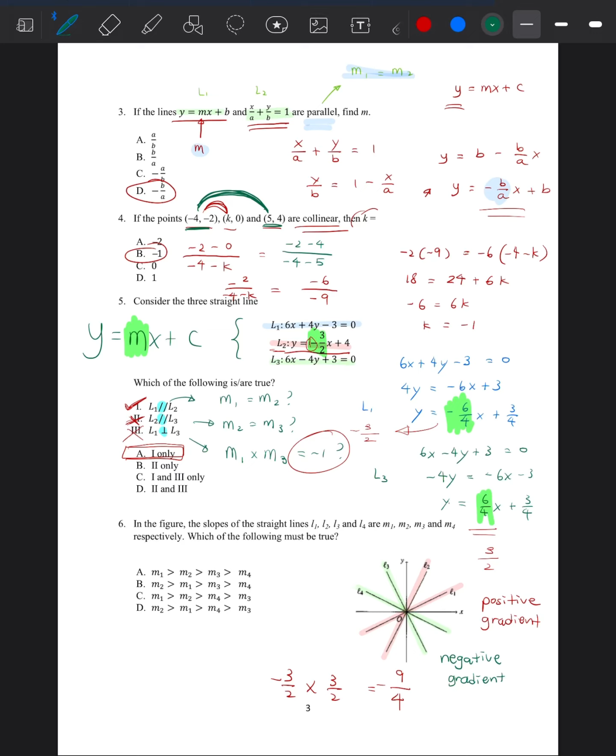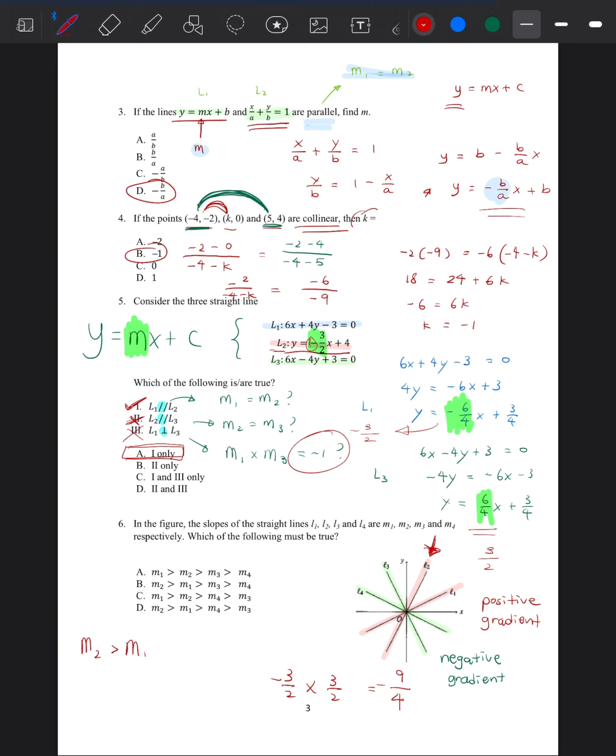So look at the size of it. Let's look at the positive gradient first. We know that for the positive gradient, the steeper it is, the greater m it's got. Therefore, you know that m2 has to be greater than m1 because L2 is steeper.